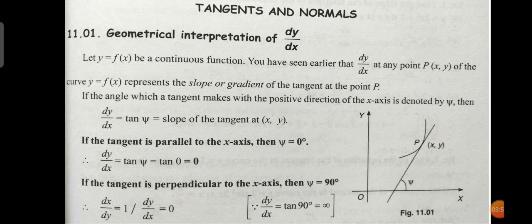Tangent parallel to the x-axis means the angle is 0, so dy by dx is tan 0, which is 0. When the tangent is perpendicular to the x-axis, then psi is 90 degrees.